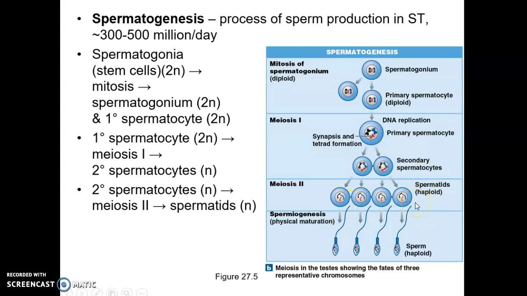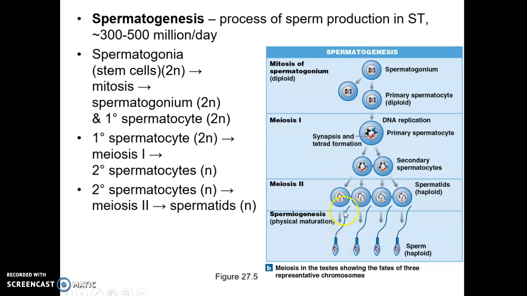And then the spermatids develop themselves into sperm under a subset process called spermiogenesis. And the spermatids lose much of their cytoplasm. They become streamlined. They form a midpiece and a tail, or a flagellum.